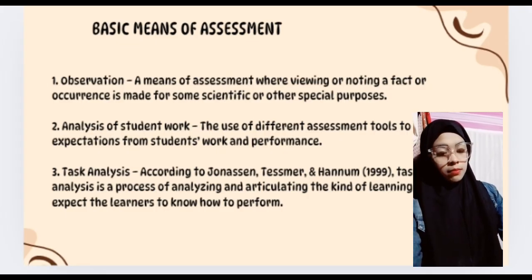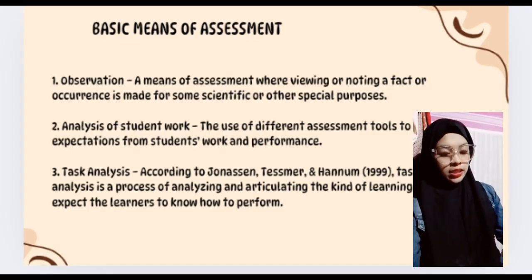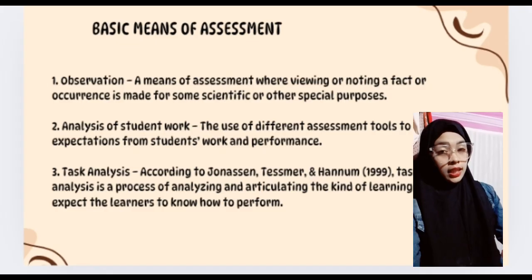It is breaking down complex tasks into smaller steps to understand where the child is struggling and to identify areas needing support. This method helps tailor instruction to bridge skill gaps. So we need to really recognize that this child is struggling and needs a support system.